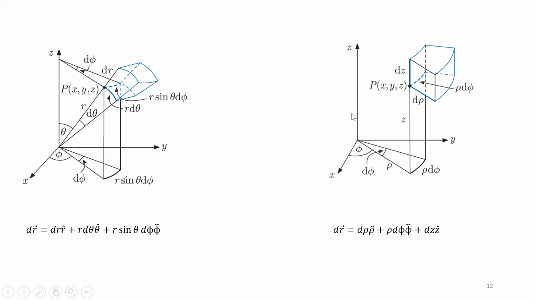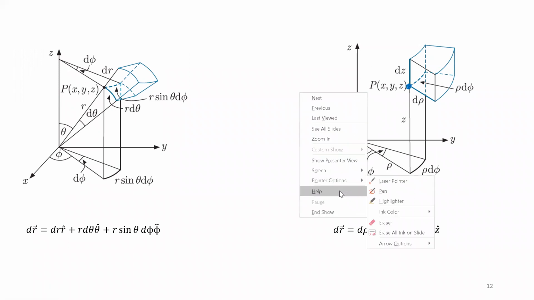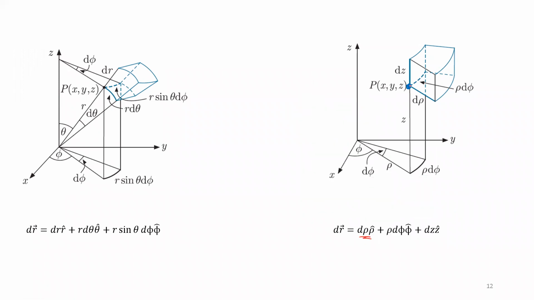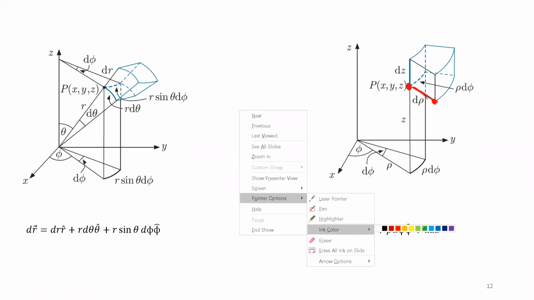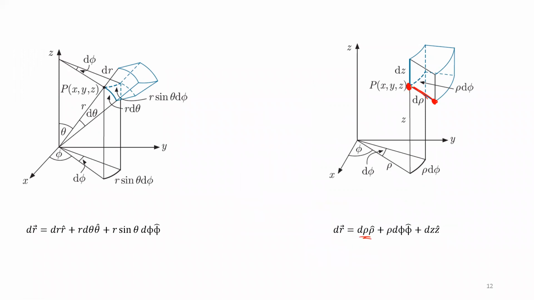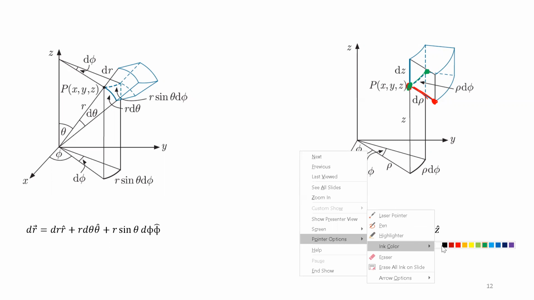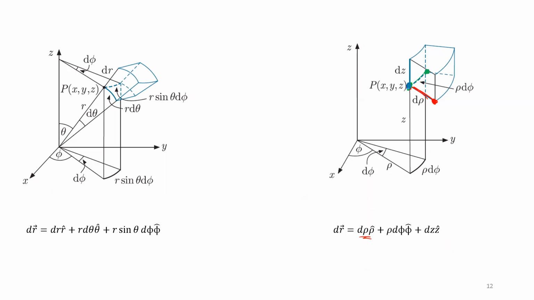So it's the cylindrical coordinates, right? So for the cylindrical coordinates, again, if your particle is over here, and if you change the rho variable a little bit, then your particle will go from here to here in this direction, right? And then similarly, you just change the phi variable a little bit, just go from here to here. Okay, and then I change the z variable a little bit, your particle goes from here up here, right?